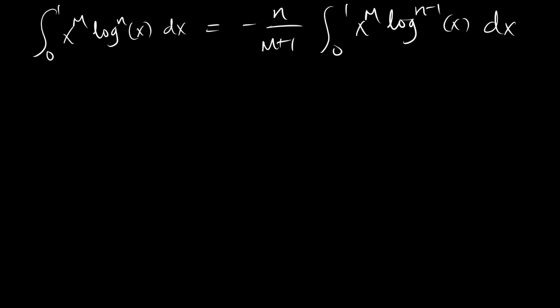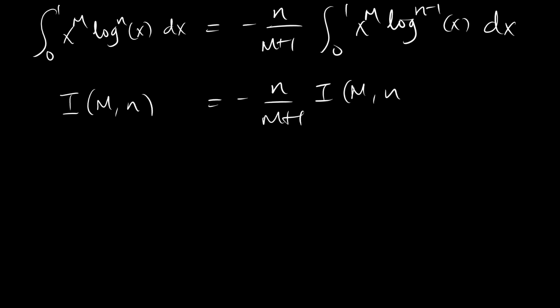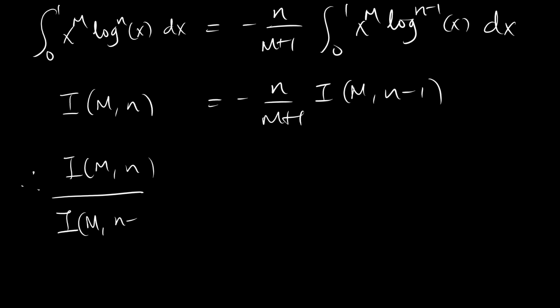So in the expression we began with, I of m n is equal to n over m plus 1 times I of m n minus 1, such that I of m n over I of m n minus 1 is equal to n over m plus 1.